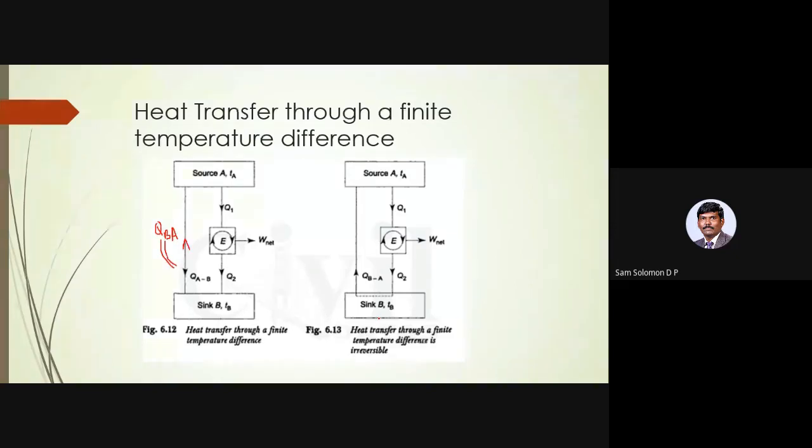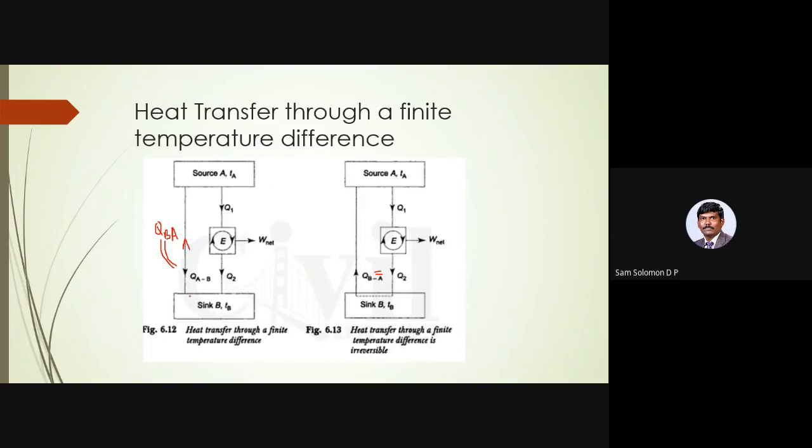If we assume that QBA is the amount of heat that is going to go back from TB to TA, and that QBA is equal to Q2, an assumption, because Q1 is the amount of heat that is supplied to the engine and Q2 is the amount of heat that is rejected by the engine.